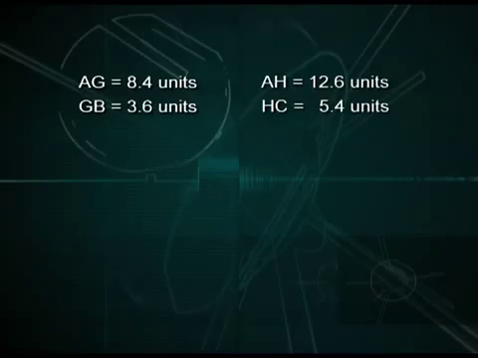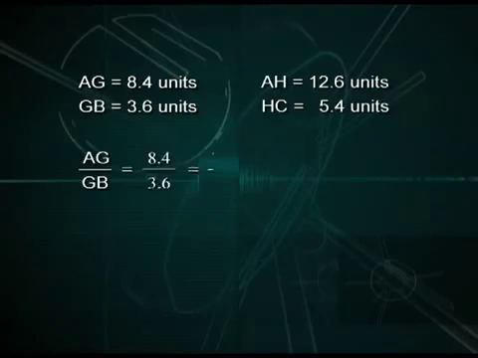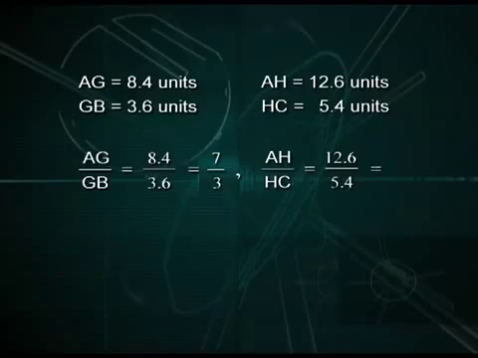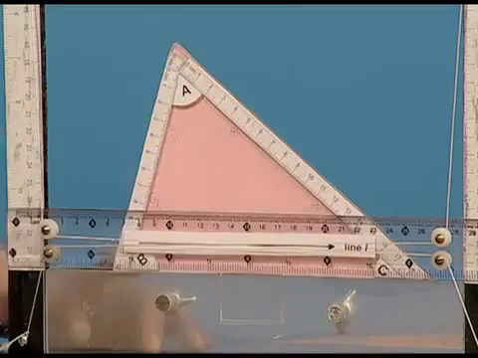Again, by mathematical manipulation, we can see that AG by GB is 8.4 upon 3.6, which is coming out to be 7 by 3, and AH by HC is 12.6 upon 5.4, which is again coming out to be 7 by 3, which shows that the other two sides are divided in the same ratio.